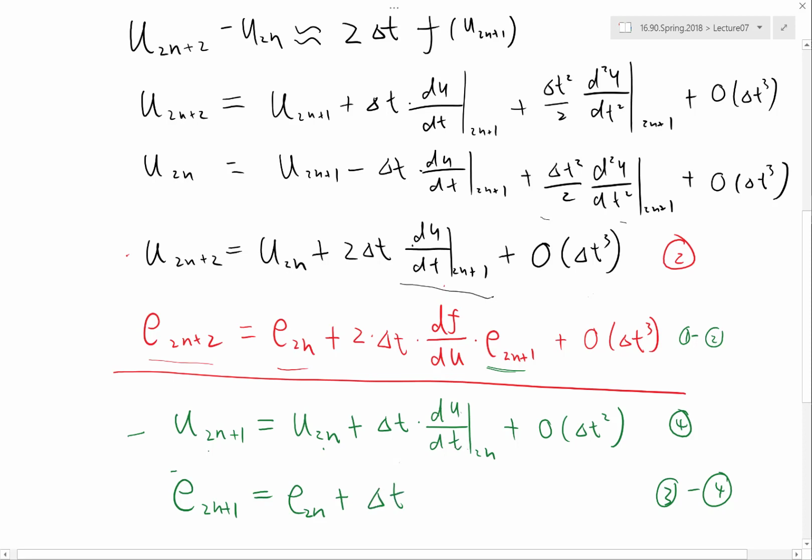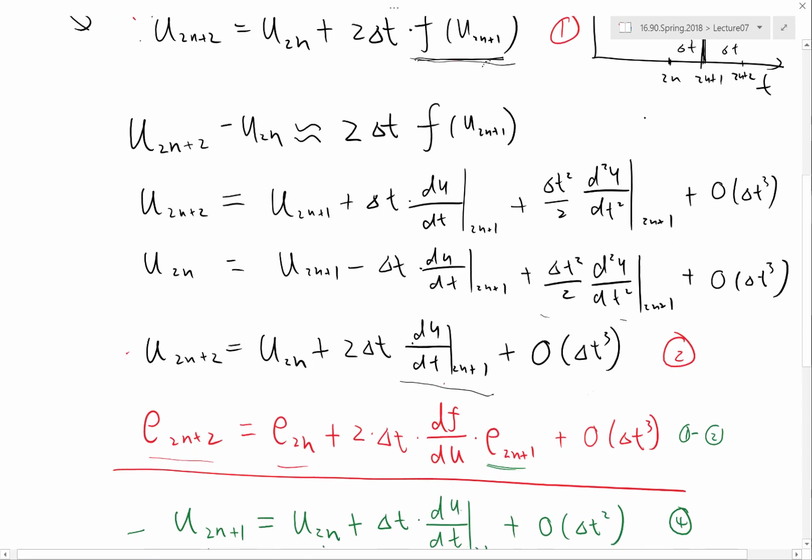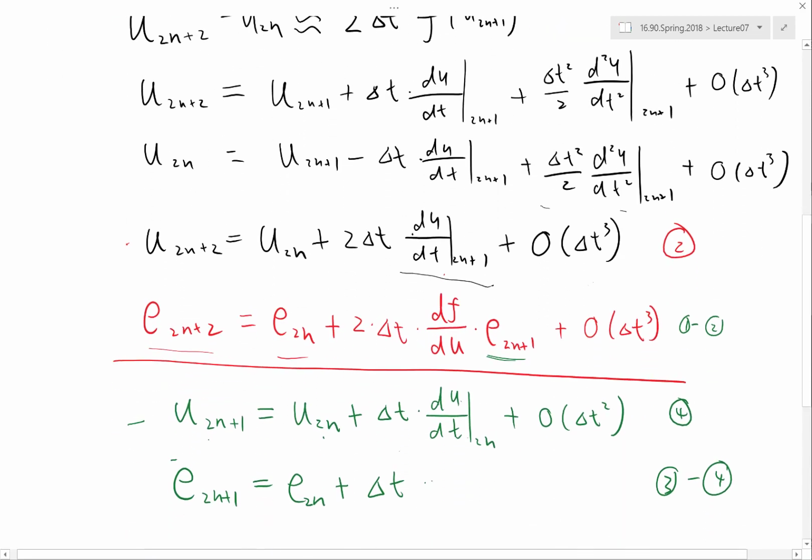This is the analytical du dt, which is f of analytical u, and here is f at u hat at 2n, right? So there is another df du times e at 2n plus O of delta t squared, right? So look at these two formulas. One has an error of delta t cubed, one has an error of delta t squared.